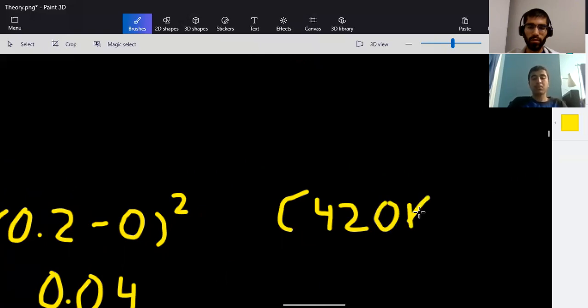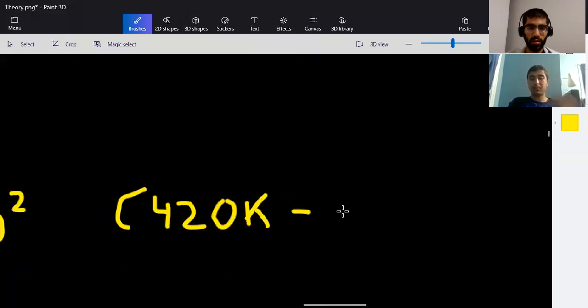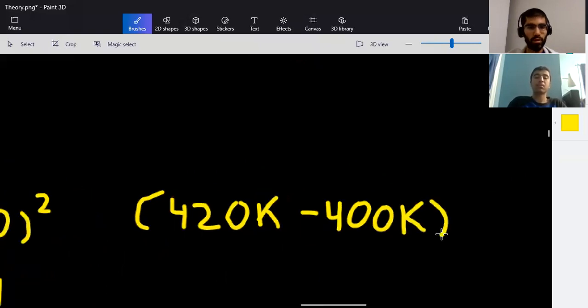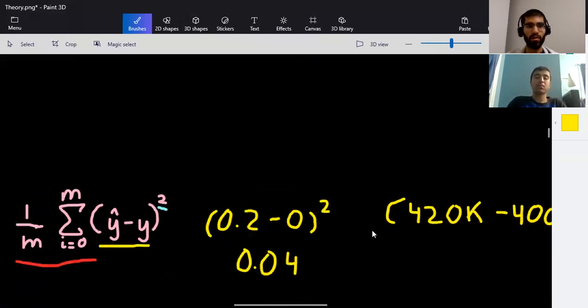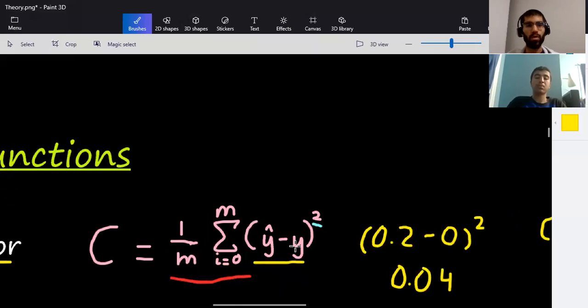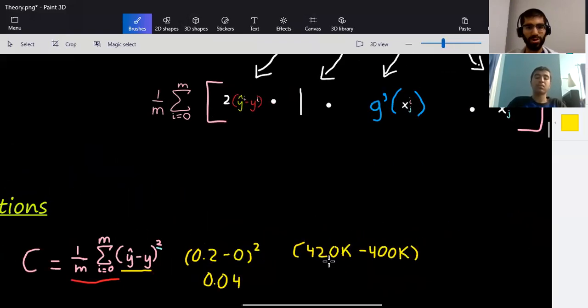Oh, by the way, K just means 1,000, so 420K, and the actual housing price was 400K. That will give you a difference of 20,000. And when you square that, 20,000 squared, the cost gets pretty big. So the cost function is doing what we want. It's saying, hey, you can't be 20,000 units off. That's too big. So when you're doing regression, cost function fine. When you're doing logistic regression, no, not mean squared error.